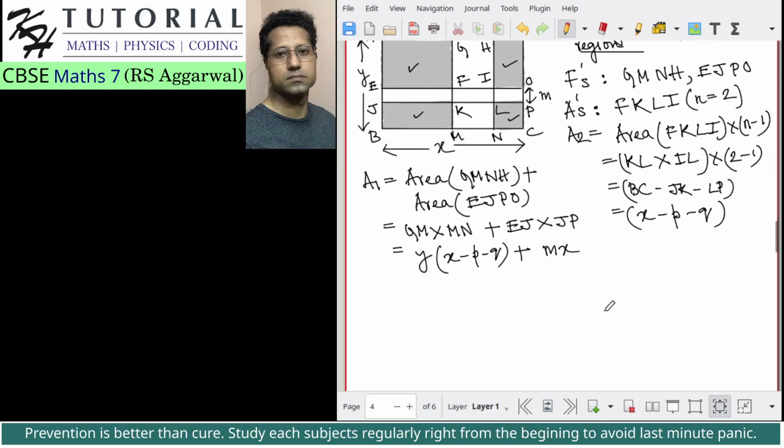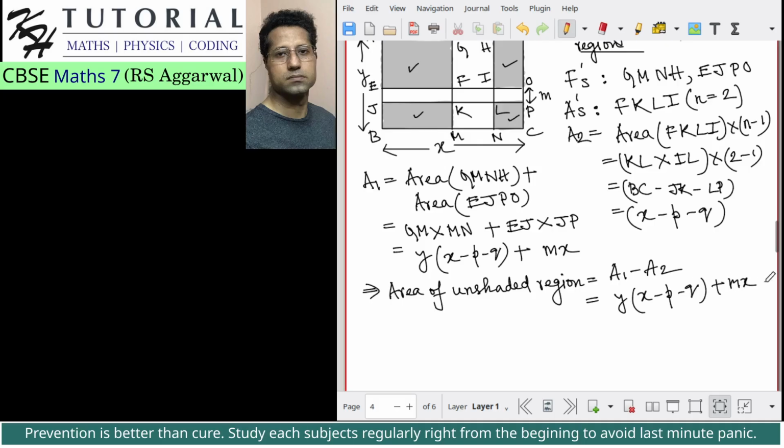So we have found A1 and A2. So now this will imply that the area of the unshaded region, remember that we are finding the area of the unshaded region, will be A1 minus A2, which is equal to Y into (X minus P minus Q) plus MX minus (X minus P minus Q).